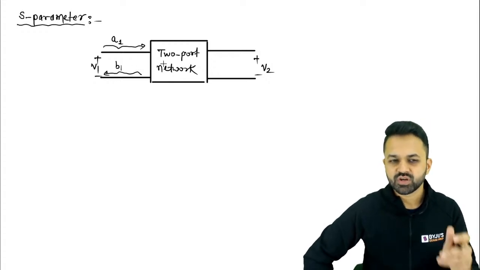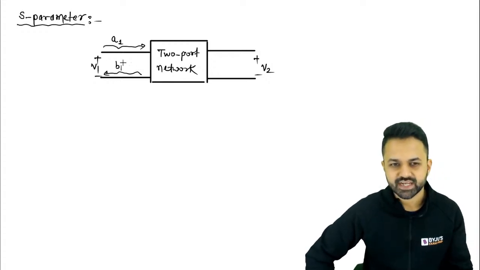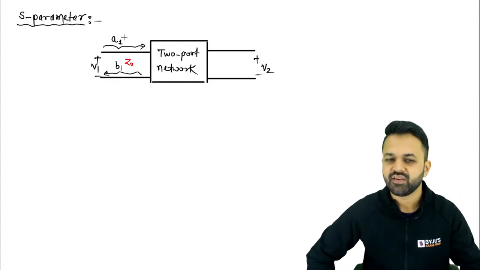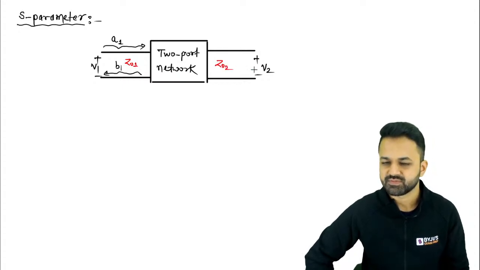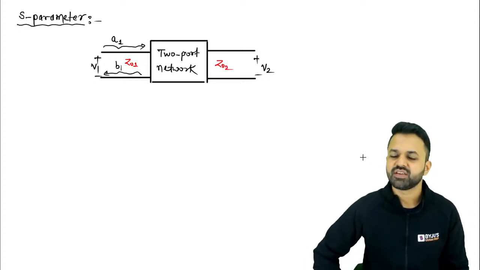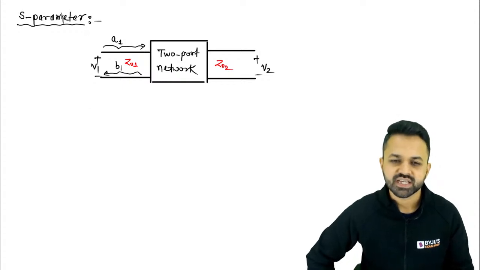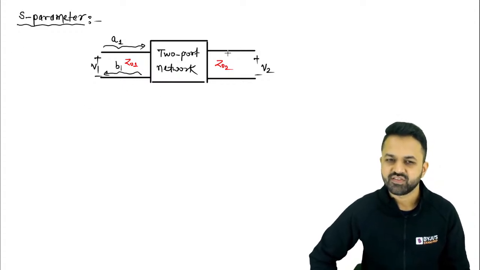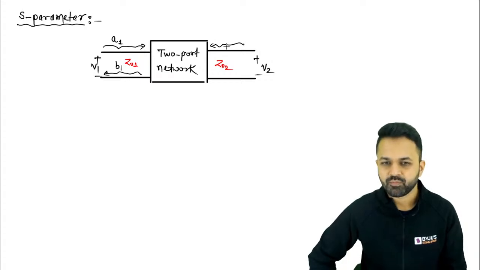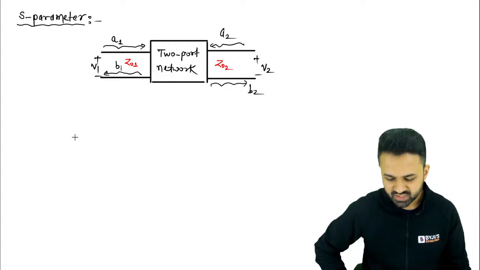Port number 1 has the characteristic impedance Z0 1, because these are different transmission lines: the input side has one transmission line and the output side has another, so there will be 2 different characteristic impedances. The incident wave is A1, the reflected wave is B1. The incident wave from port number 2 is A2, the reflected wave is B2.